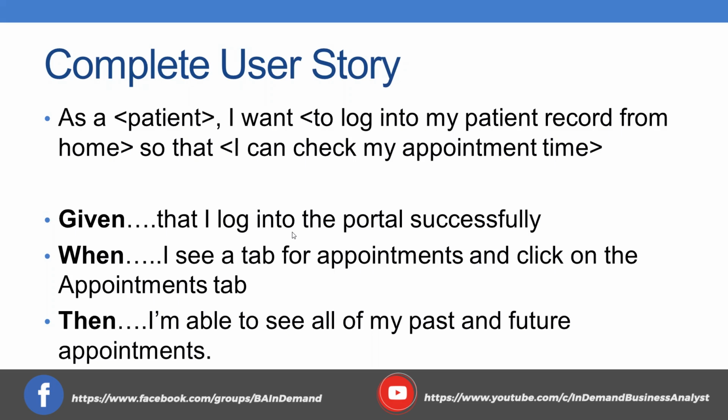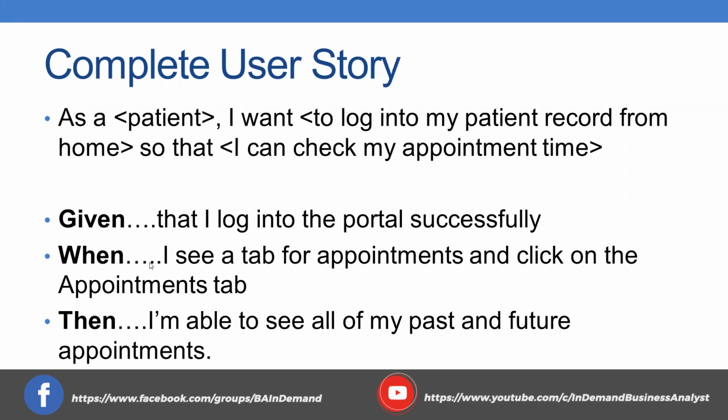When you just leave it at this level, it leaves a lot of room for interpretation. But if you add additional details, here's where, when we talk about prototypes, it is also helpful. If you have prototypes and you understand how the functionality needs to work, you can add that additional detail in the acceptance criteria.